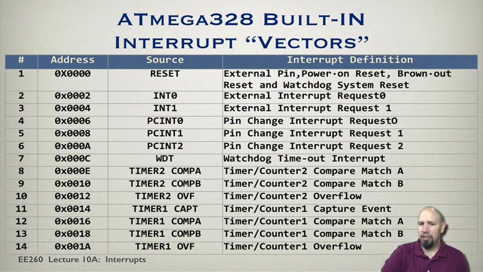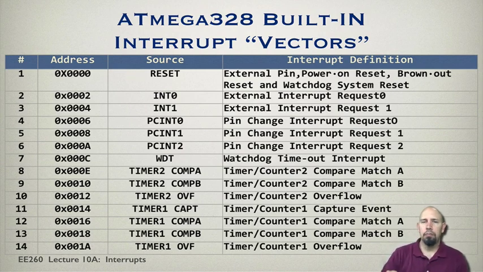Does that make sense? So here we have the addresses. Notice that address 0000 is basically the reset interrupt. There are a number of things that can trigger that interrupt. We can have an external pin, a power on reset, a brown out reset, a watchdog system reset. So a number of things can trigger that interrupt.